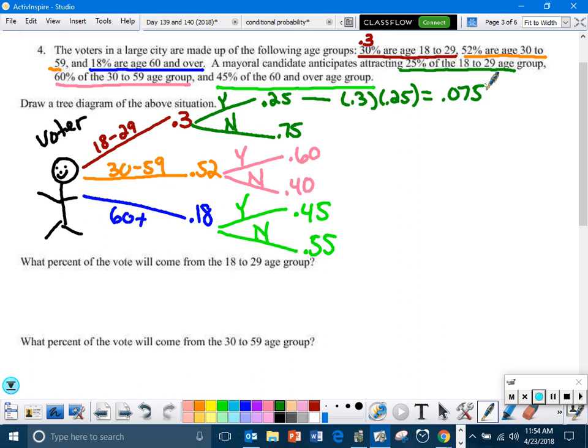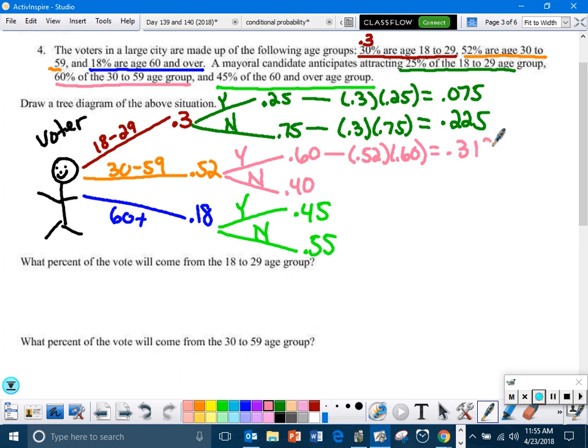In the next branch, I'm going to take the 0.3 times the 0.75, and I'm going to get 0.225. Okay, then in the next one, I'm going to take the 0.52 times the 0.60. I'm going to get 0.312.